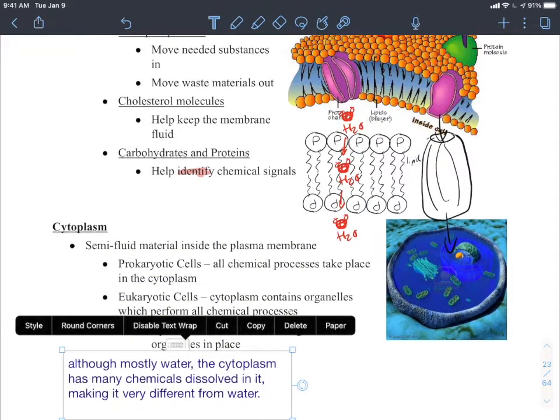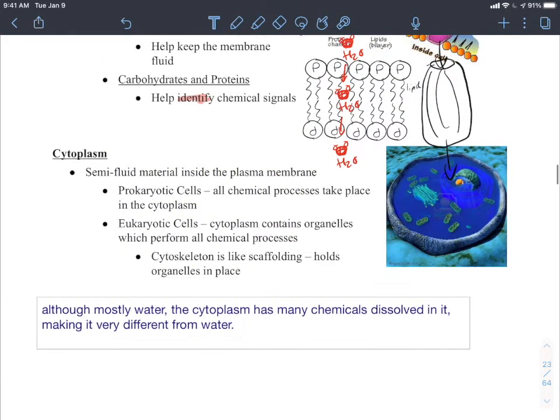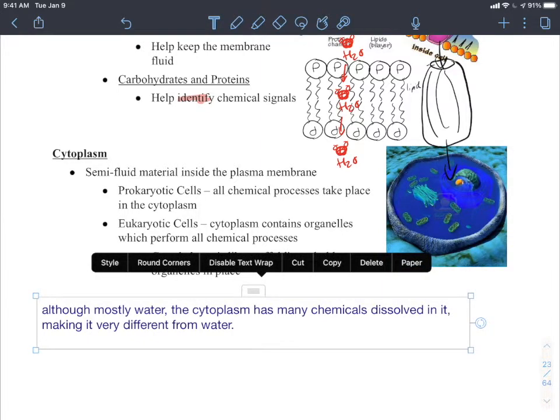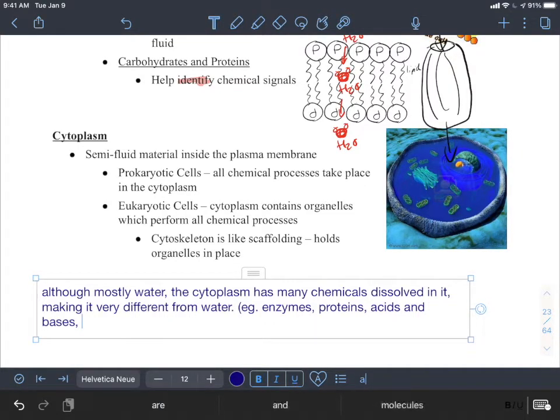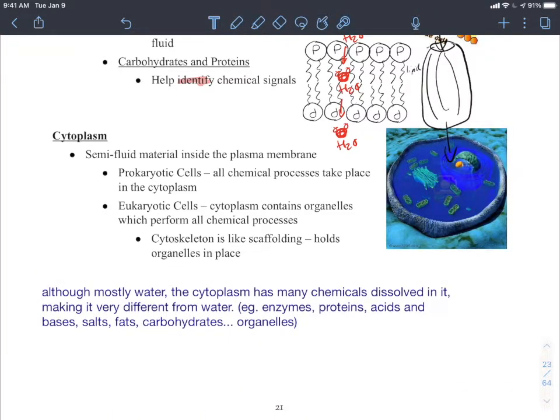And those chemicals might range from biochemicals like enzymes and proteins. We have acids and bases, salts, fats, carbohydrates, organelles. All of these things are floating around inside the cytoplasm, which makes it very different from water.